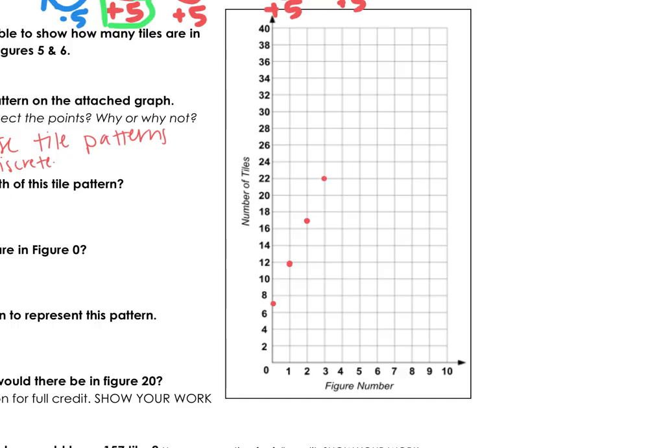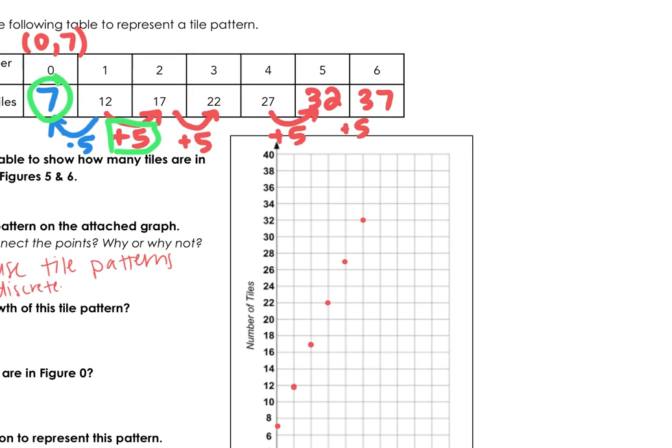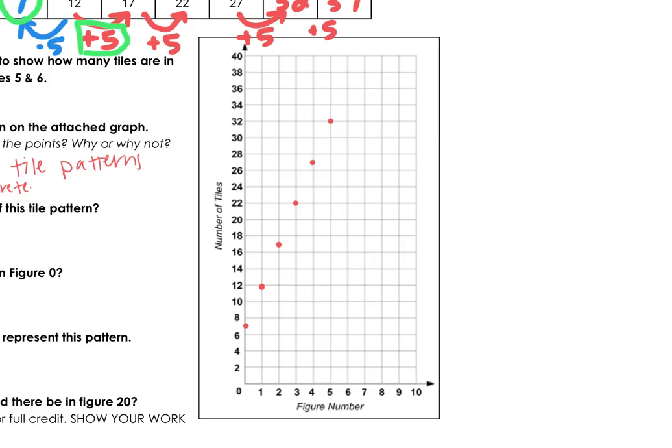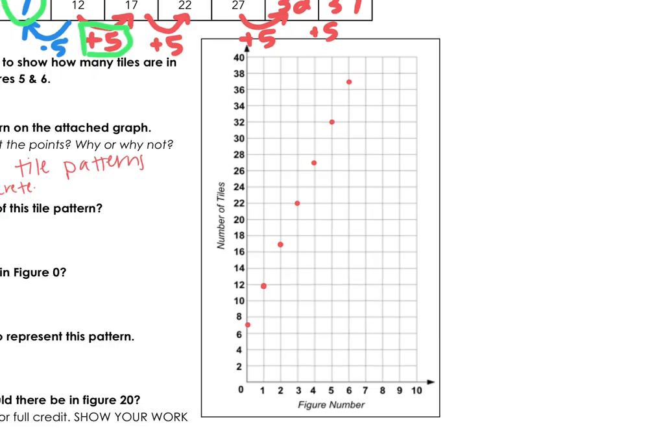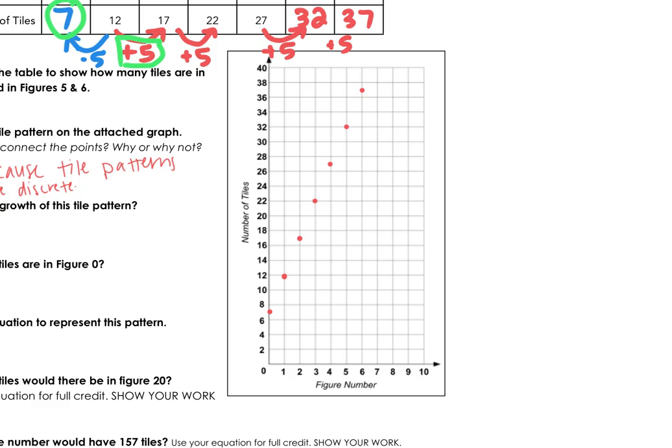Over 4, up 27. Over 5, up to 32. And 37 is our last point, so over 6, up to 37. Remember, we don't want to draw a line because this is discrete. Don't draw a line.